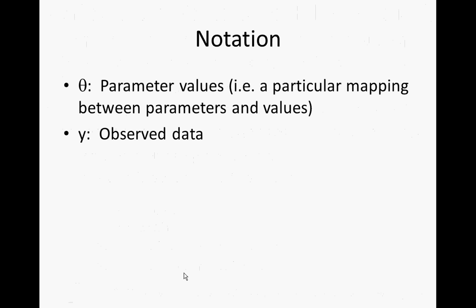As I noted, these parameter values could be parameters within the simulation model on the one hand, or indeed parameters within a probabilistic model that's going to express the likelihood that a given set of simulation model output could explain the observed data.